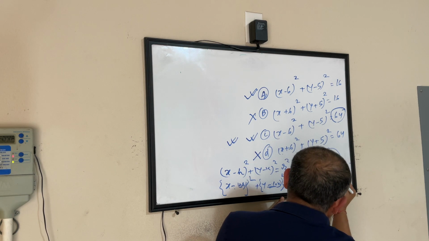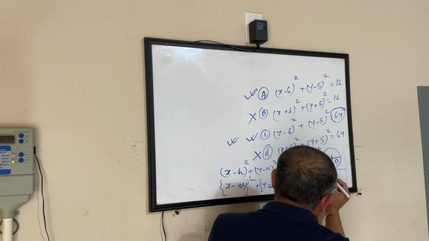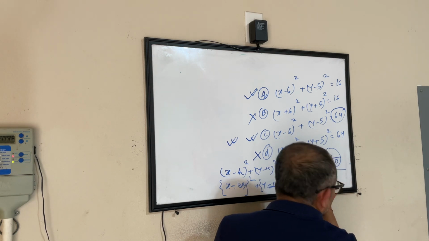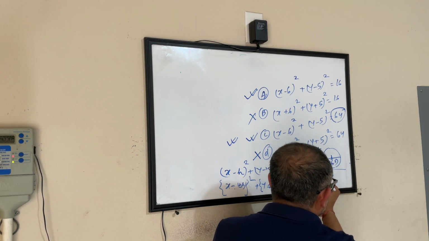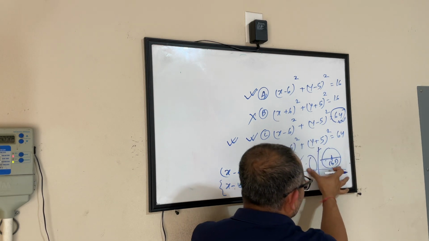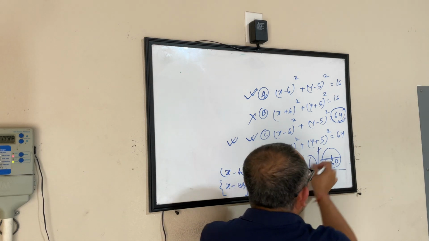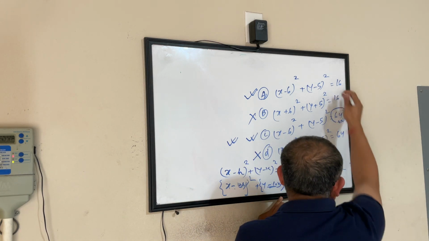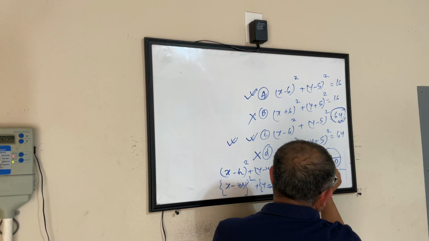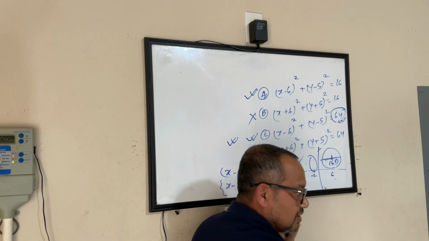So x is 6, you are going to the left by 8 points, so you are coming to this side. Then it becomes -2. But if you take this one, when it's 4, if you move by 4 points in the x direction, you are still well within the first quadrant.